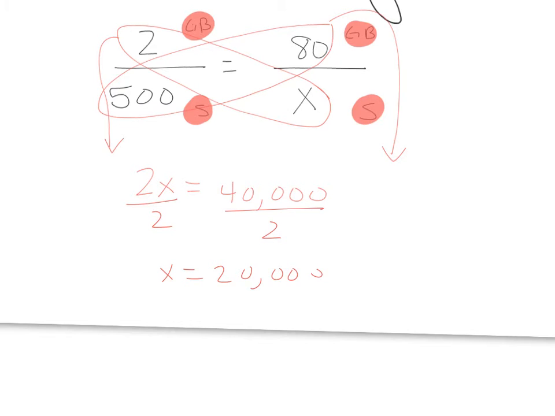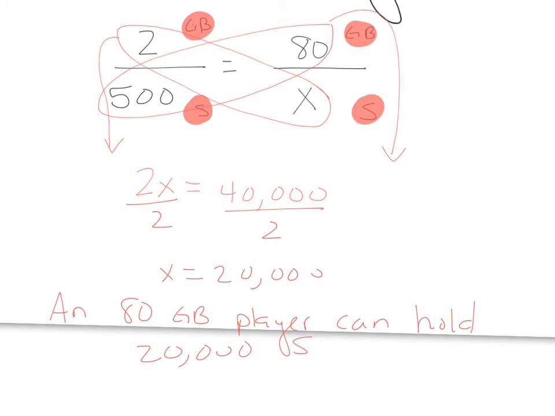So now write a sentence. An 80 gigabyte player can hold 20,000 songs. So that would be an example of a sentence that we would accept. Okay? All right, let's go ahead and turn over now on the back side here.